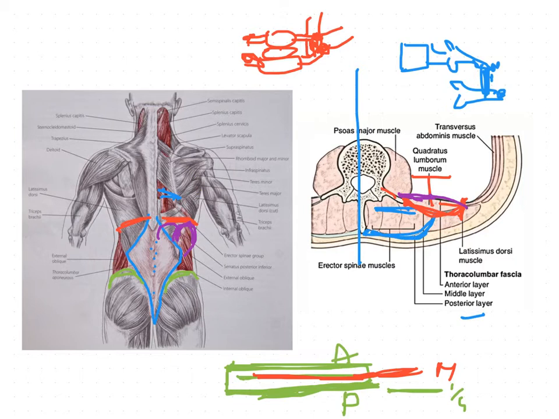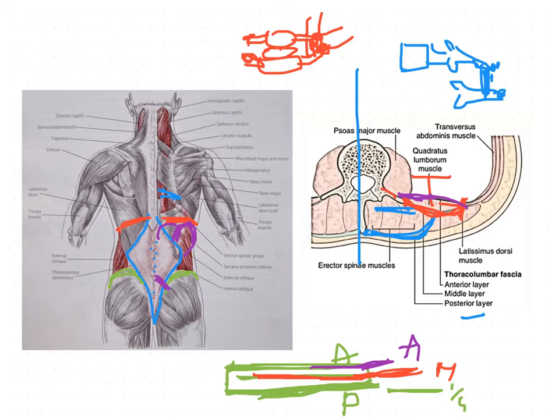Inferiorly, it is attached to the inner lip of the iliac crest, and also it blends with the iliolumbar ligament.